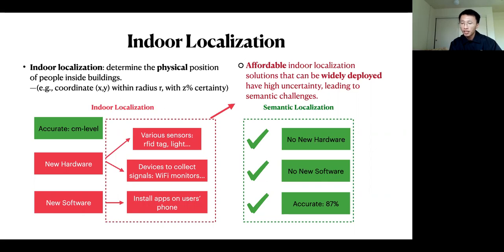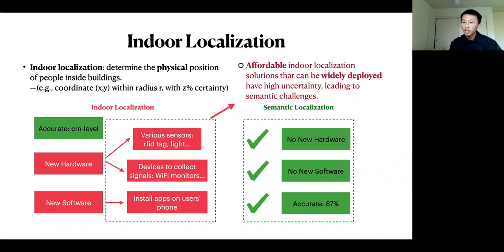They can be expensive and are not always allowed to be deployed due to space restrictions. Those affordable indoor localization solutions that can be widely deployed often have high uncertainty, leading to semantic challenges.